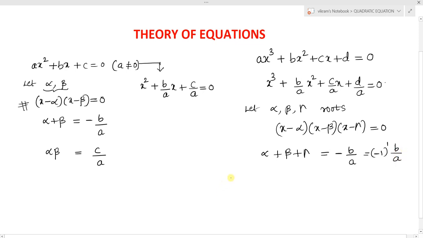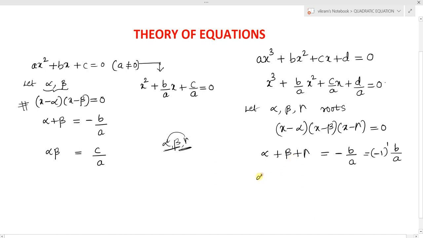Now if we take two roots at a time and take the sum, we have alpha, beta, gamma. From the three roots we need to select two roots at a time: alpha beta, beta gamma and gamma alpha.